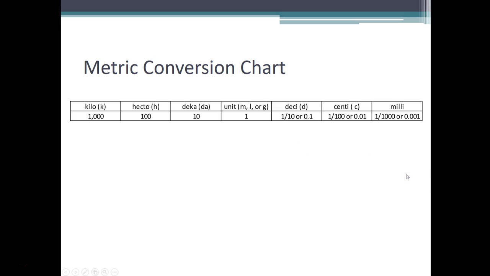Alright. Fresh slide, new problem. 9.32 milliliters, and we're going to convert that to liters. Okay, so we're going from milli to centi to deci to liters. We're going that direction, and end up right here.